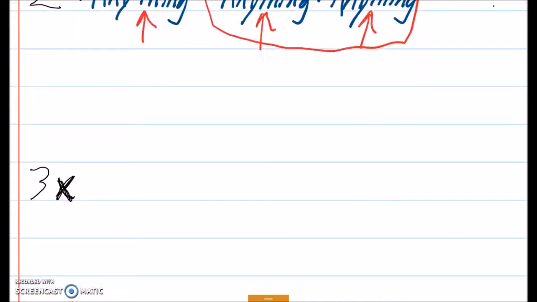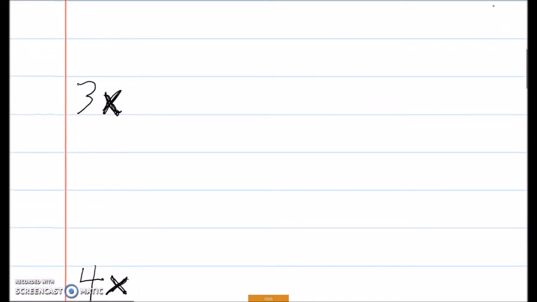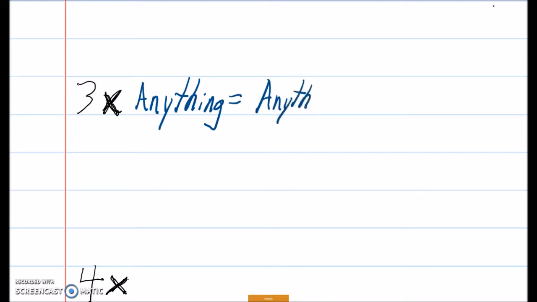Okay. Looking at this next one here, we have 3 times anything. And this one, I honestly can't think of any good way of remembering this. But not all of them are going to have good hints for you. You can obviously just do anything plus anything plus anything, 3 times.